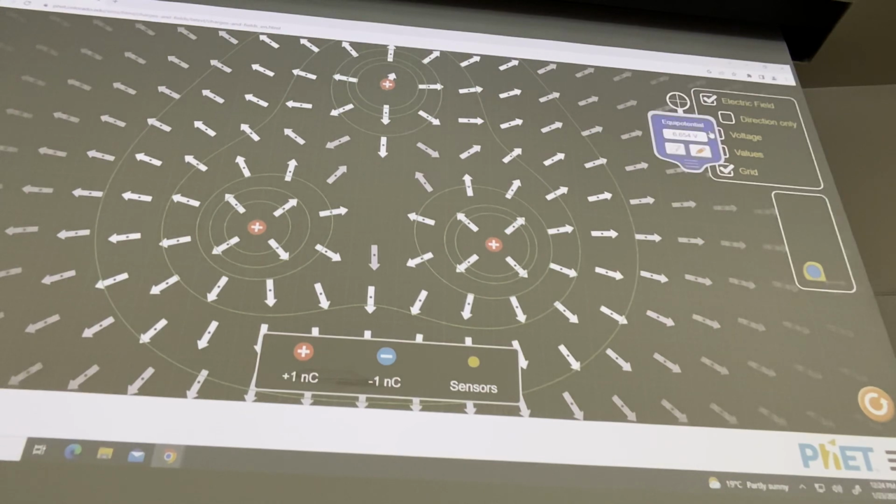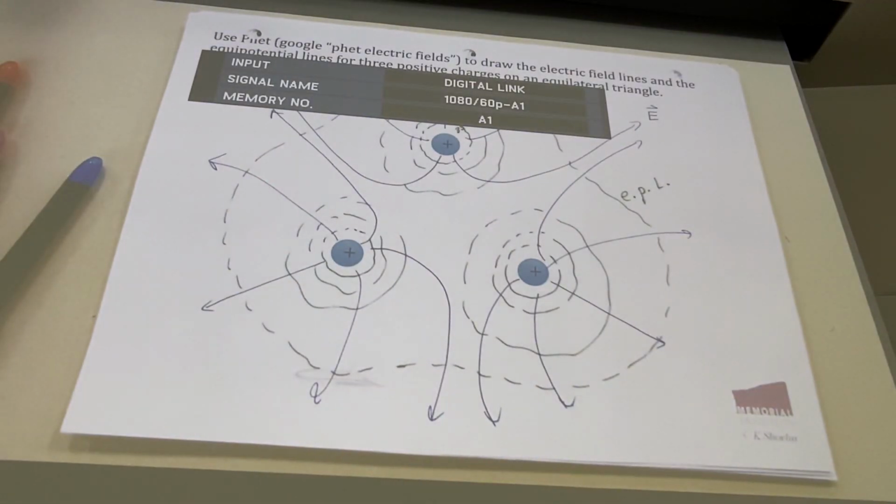These are the equipotential lines. Okay, so I just traced those off the diagram onto my diagram.